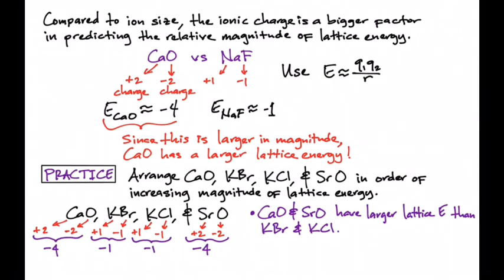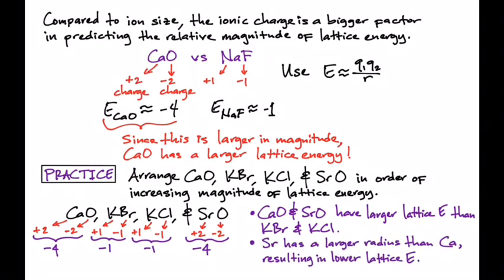Well, we have to look at the ionic radius. When you compare the ionic radius of calcium and strontium, strontium is actually larger. And so that makes the distance between strontium and oxygen larger compared to the distance between calcium and oxygen. And so because of that, strontium oxide has a lower lattice energy than calcium oxide.